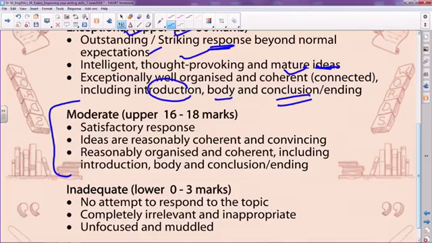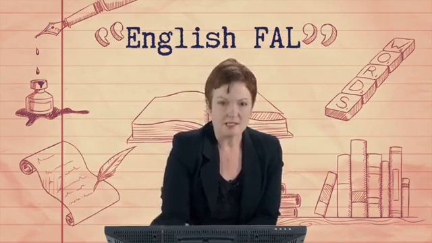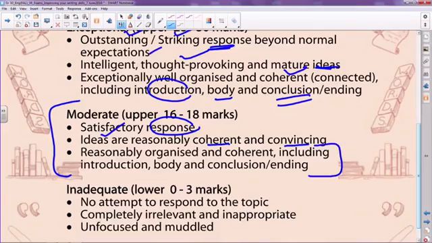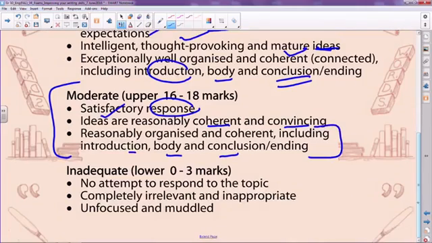They want to see your response, okay? They want to see that your ideas are coherent and convincing, and they want to see the organization of your text. Again, introduction, body, and conclusion. And when you don't have anything, then you're going to be moving down to this set of criteria where the teacher or the examiner would see, well, you actually haven't even responded to the topic.